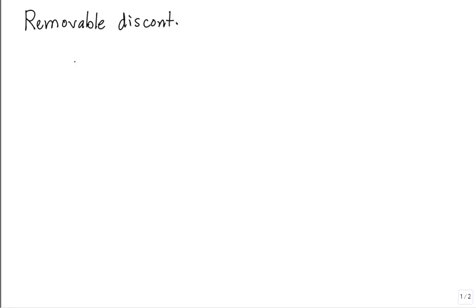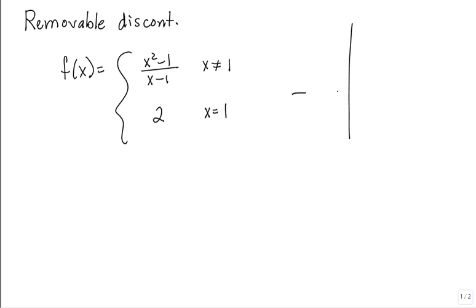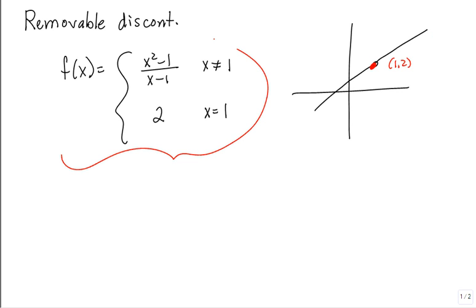If we want this continuous, we could say that f of x is x squared minus 1 over x minus 1, x not equal to 1, and 2 where x is equal to 1. Again, what that does is the first function looks like this, and the second one colors in this point 1, 2, so it's continuous. So this function here is continuous.